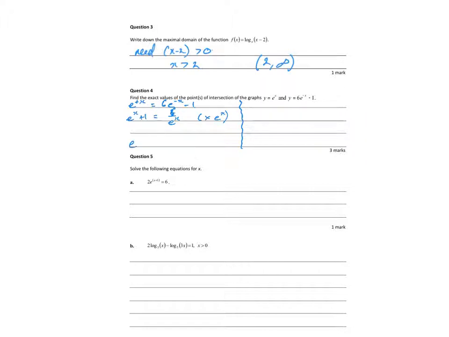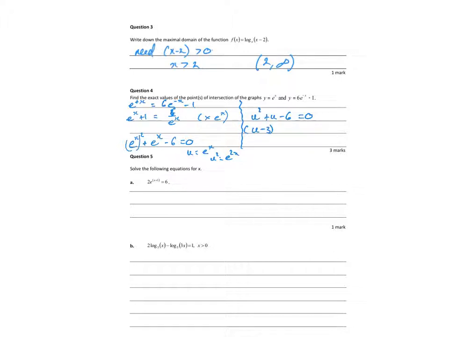Now I get e to the x squared plus e to the x minus 6 is equal to 0. So that's actually a quadratic-like expression. So if u was equal to e to the x, u squared equals e to the 2x. So that's the same as u squared plus u minus 6 is equal to 0.